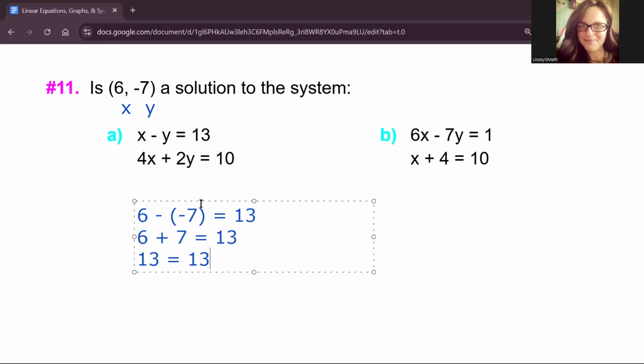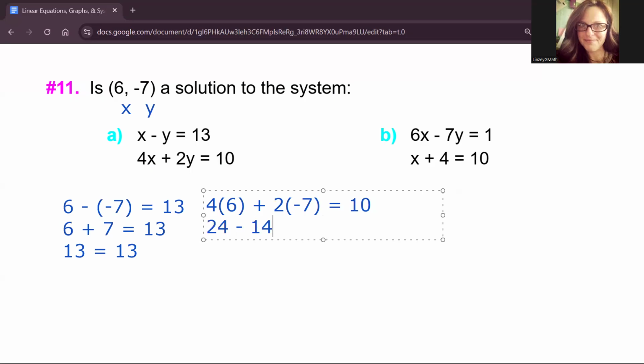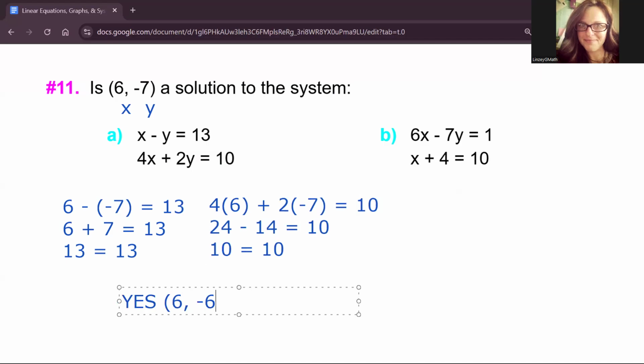It's got to work for both, so let's try it in the second equation. Substituting negative 7 in for y. And let's see, we get 10 is equal to 10. Yes, since this works for both, this is a solution to this system of equations. This is the point where the 2 lines cross.